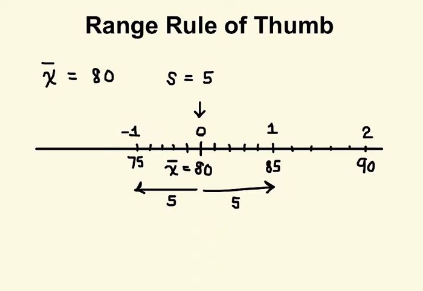That's 75. And if we go down another 5, so that we're to the left 2 standard deviations, 1, 2, 3, 4, 5, that brings us to 70. And we would say now we are -2 standard deviations to the left of the average.